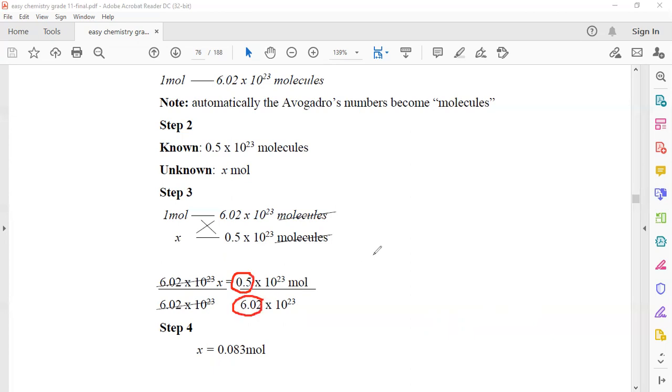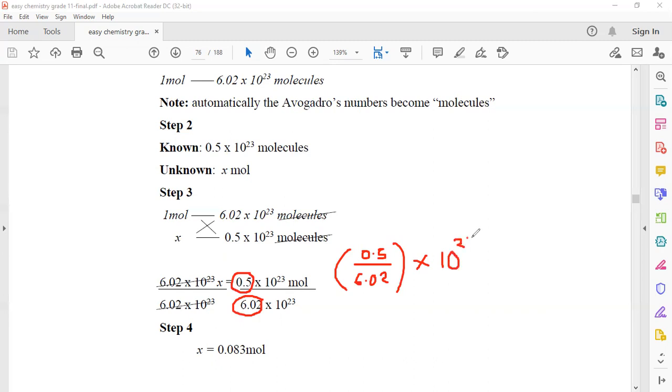So it's going to be 0.5 divided by 6.02. You are at liberty to use this rule as well. If we are dealing with the same base, what is the rule according to the indices? Same bases, we subtract the powers.